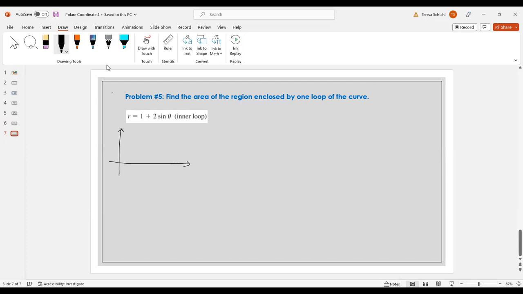So this is sine theta, typical 2 pi. So this is pi over 2, this is pi, this is 3 pi over 2, and this is 2 pi.